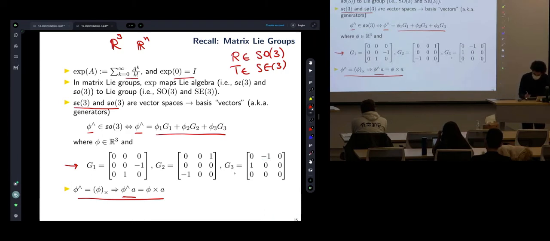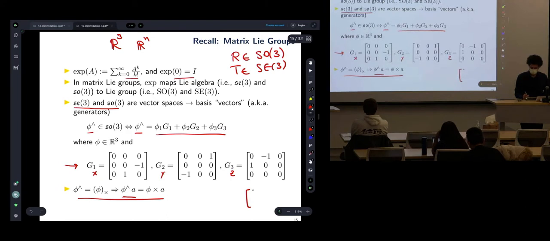Now also you know that this corresponds to z, y, x, right? Because if you take the exponential map, this will give you, if I'm writing it correctly, for the negative sign, something like this.